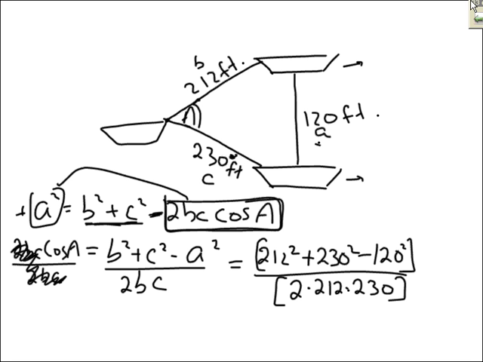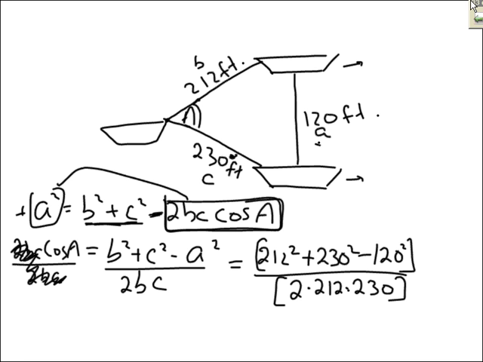Let's see what that equals. The big numbers, 212 squared plus 230 squared minus 120 squared. I should have said put that all in brackets, and then divided by, in brackets, 2 times 212 times 230.